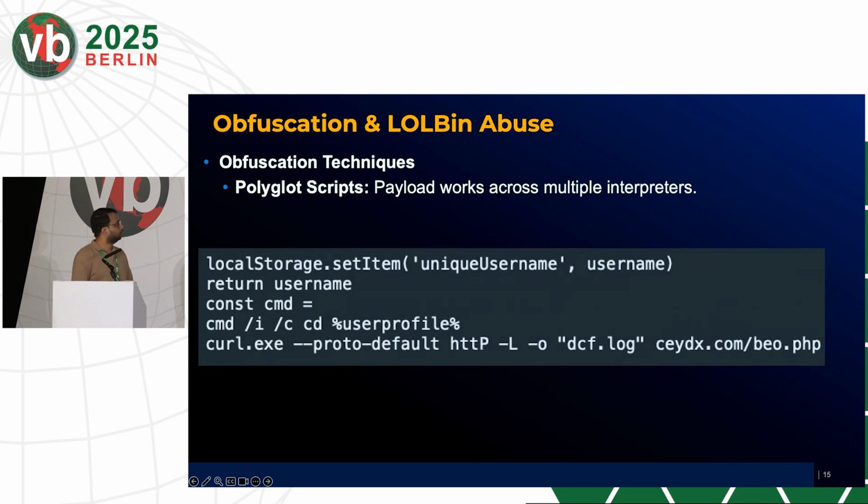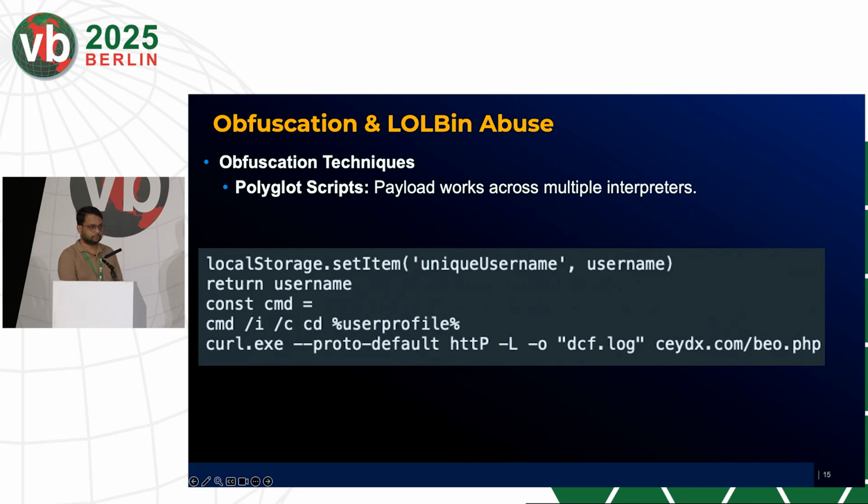Then there are polyglot scripts. This is an advanced obfuscation method increasingly used by attackers. Polyglot scripts are crafted so that their payload can be executed by multiple interpreters. For example, a single script can run seamlessly on CMD, curl, bash, or scripting languages like JavaScript or PowerShell.